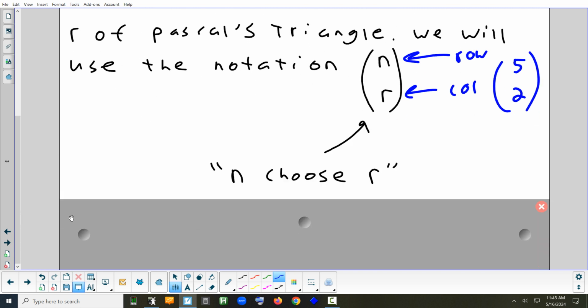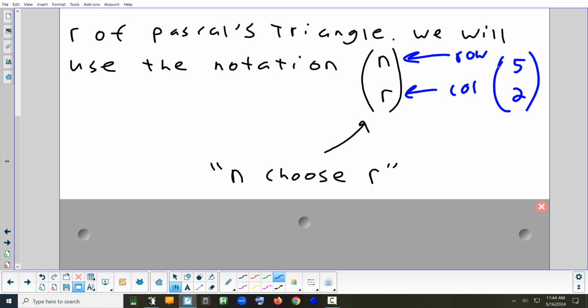And the pronunciation of this, we don't usually say what number is in row 5, column 2. The way you can pronounce this is 5 choose 2. And the reason you can say it that way is because this concept also ties in with probability. If you had 5 objects, and I said to you, how many ways can you choose 2 of them as a group?